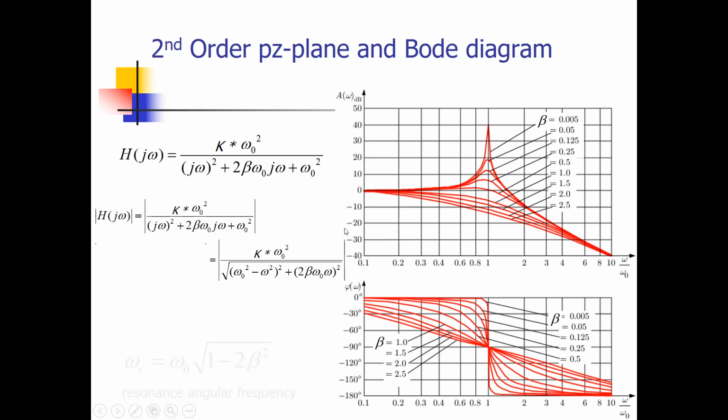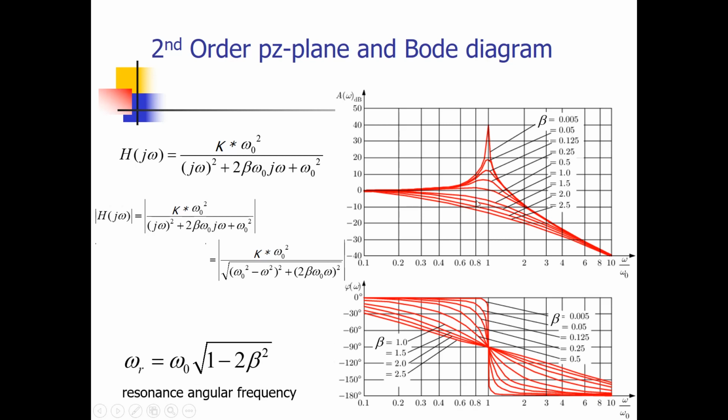And that occurs at a so-called resonance angular frequency, omega r, and you can calculate that by multiplying omega 0 by the square root of 1 minus 2 times beta squared. So for very small values of beta, it's almost at omega 0 that this behavior occurs.